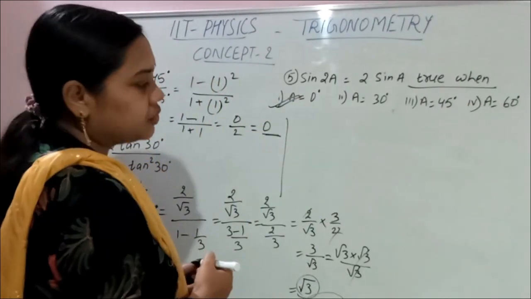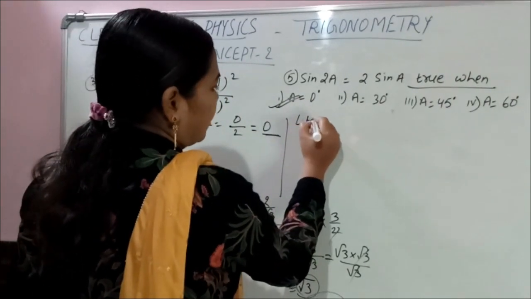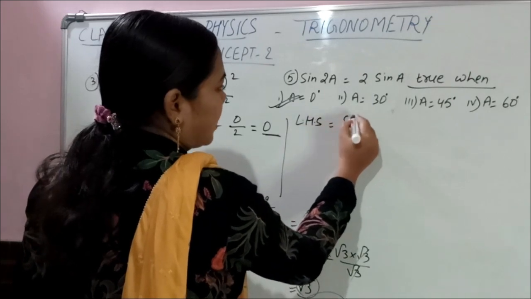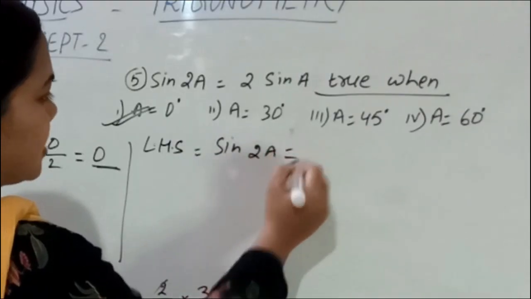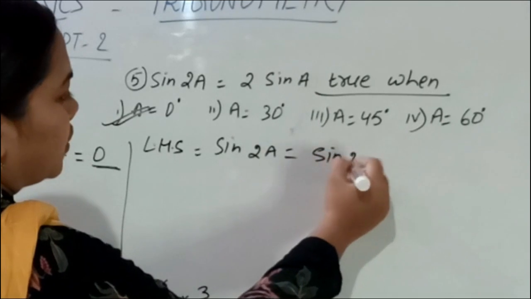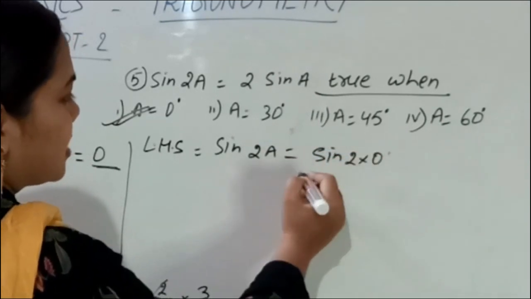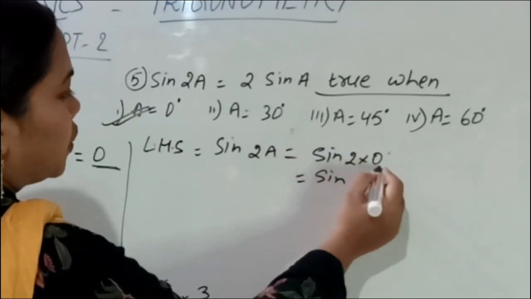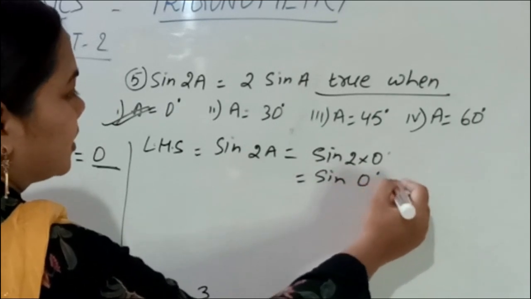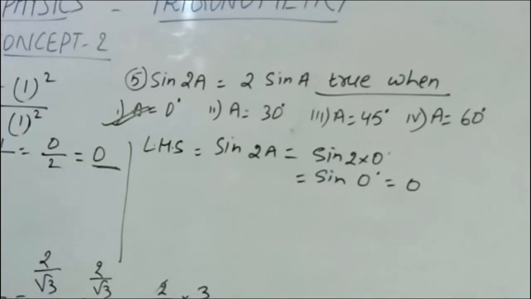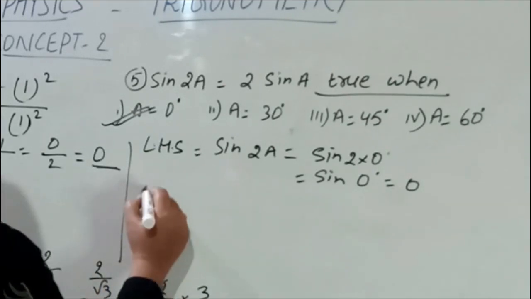I will show you. See LHS. What is LHS? Sin 2A. Is it? Means sin 2 into A, what is A? 0. So sin 2 into 0, sin 0, how much? 0. Is it no? Sin 0 is 0. LHS we got 0. RHS how much?